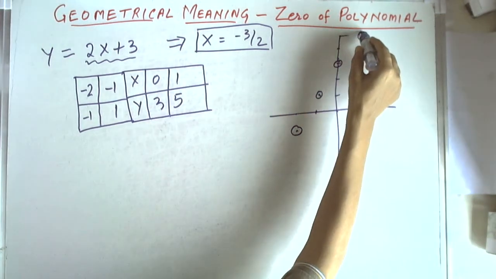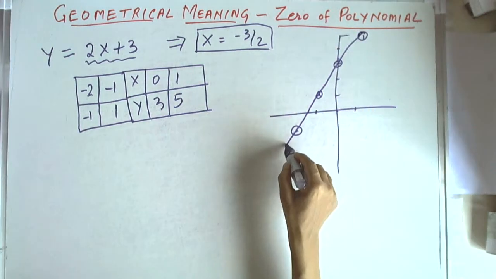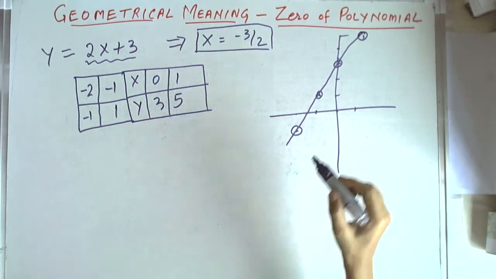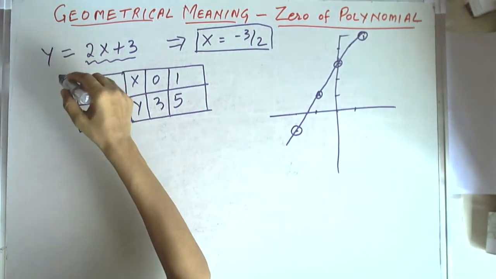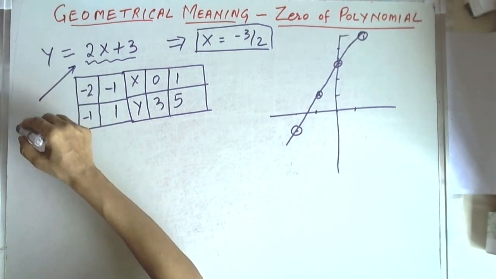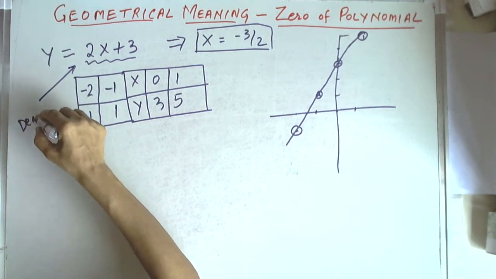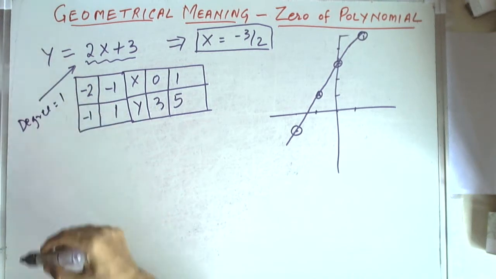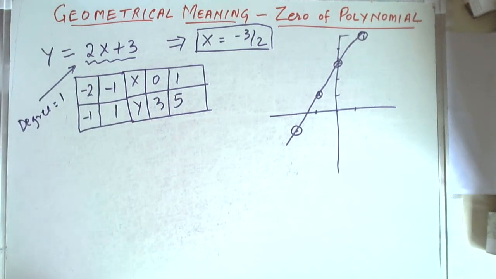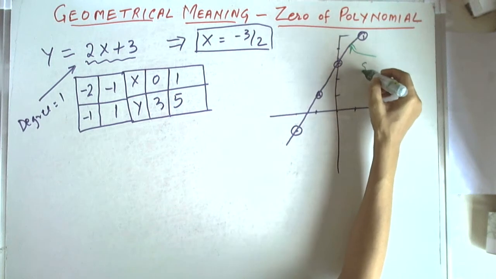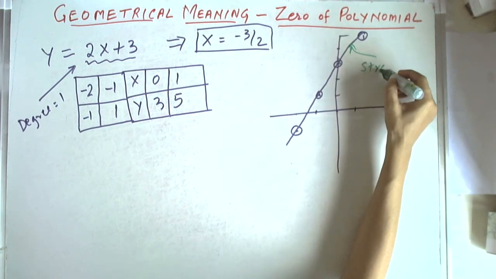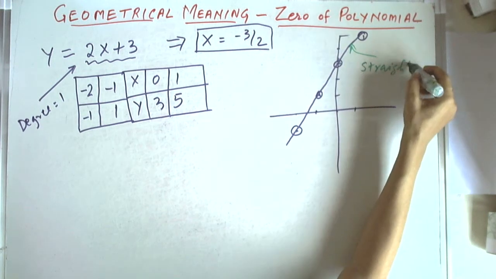So if we join these points, we get this line. Because this is a polynomial of degree 1, it is also called a linear polynomial, because the graph of this polynomial is a straight line.